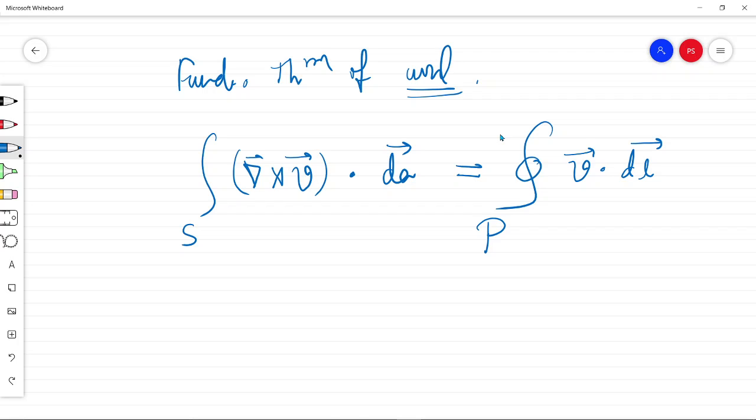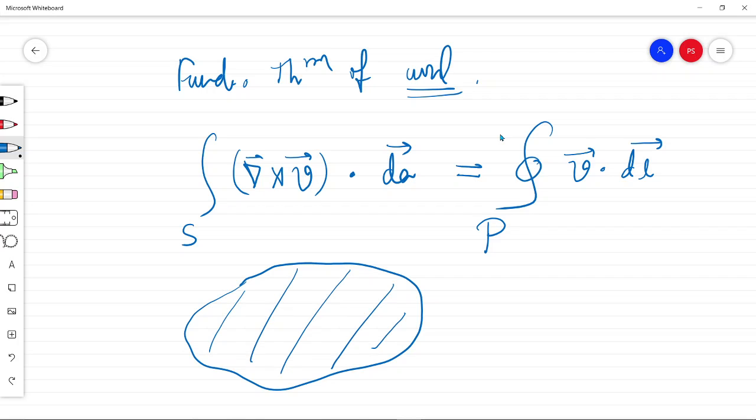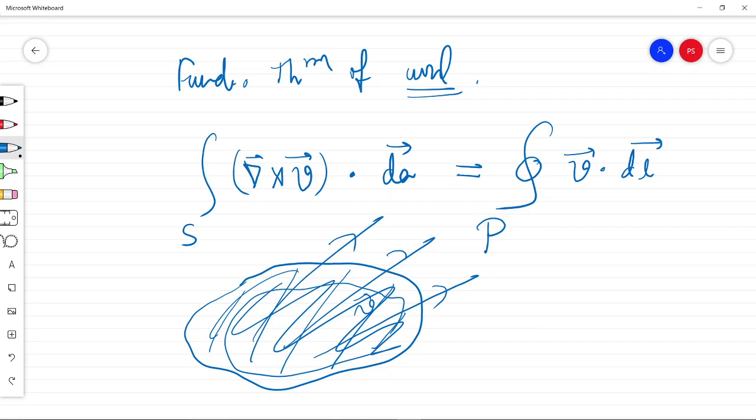So it is saying that if we consider a surface S and there is a vector function V bar in space, now the curl of this vector function V bar over this given surface S integrated over the entire surface is equal to the value of line integral of the same function V bar along the path which encloses the surface S.